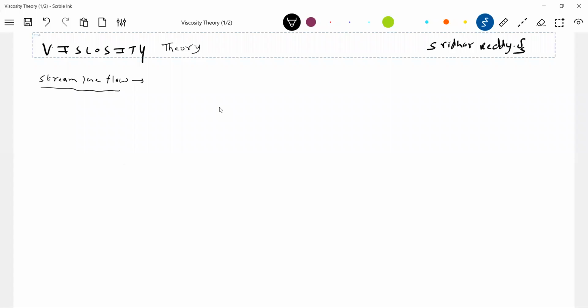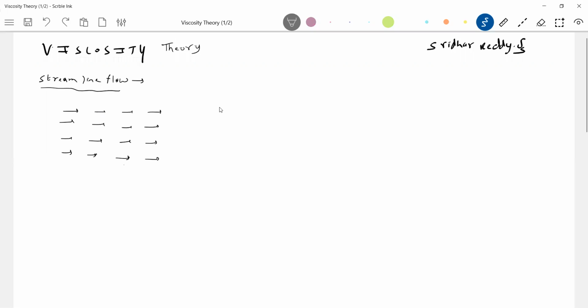I gave definitions, no, like this. There's one very classical example. What are these arrows? The velocities of the different molecules, the velocities of different layers of the liquid here.